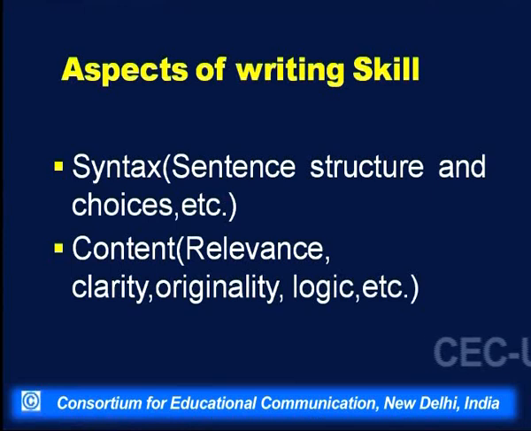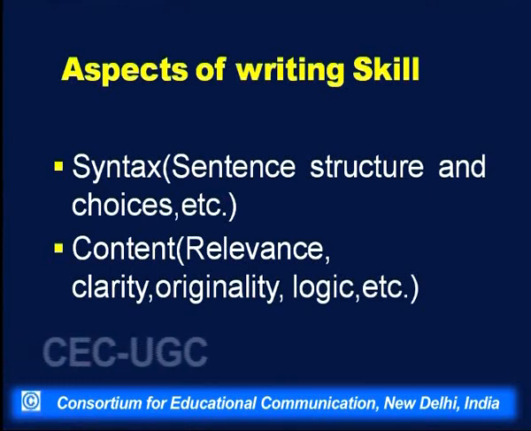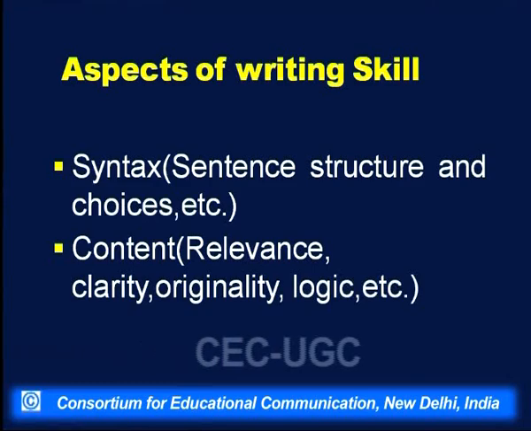In syntax, first comes the sentence structure and then choices of structure, because when an individual is trying to learn the language, particularly here we are talking in the context of English and we are not native speakers of English, it becomes essential that a learner must know what the structures in sentences are and what the choice of structure is.